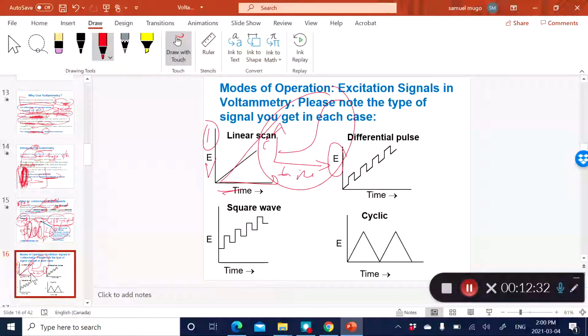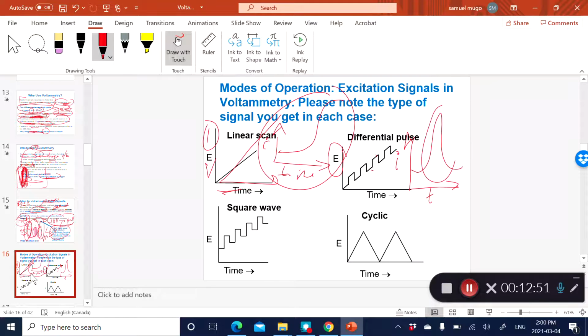So it increases in steps that are slanted. And I'm going to explain why that is very important in terms of improving the limits of detection. So in terms of the signal profile that you get, against time, it's going to look something like that.